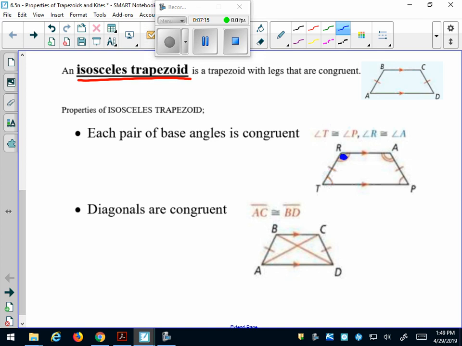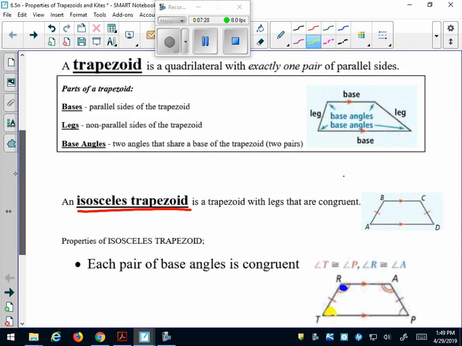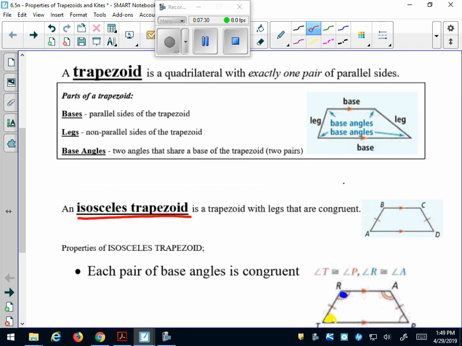Let me ask you this question. How does this angle and this angle relate? They're supplementary. Why? Same side interior angles. Very good. So you might want to make a little note of that here, right? This angle and this angle are supplementary.